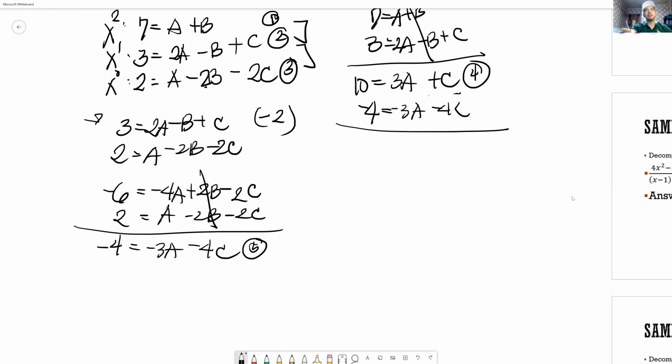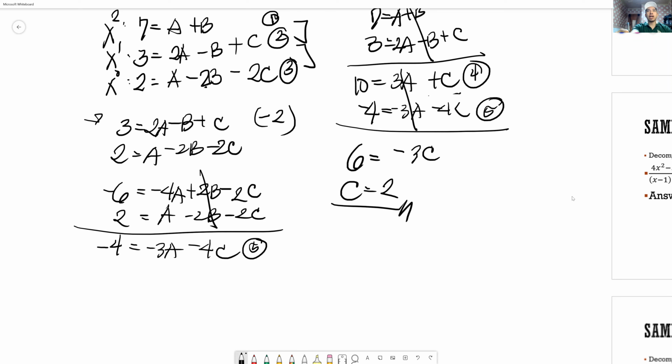Okay, as you can see, we can simply add both 4 and 5 to eliminate a right away. So by adding this, 10 minus 4, so we have 6 equal to, this cancels out, minus 3c. So that the value of our c would then be equal to 2. We already now have the value of our c.